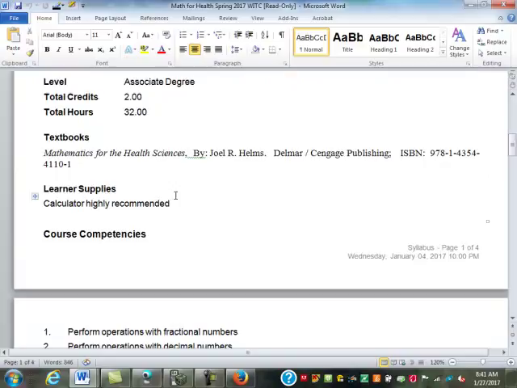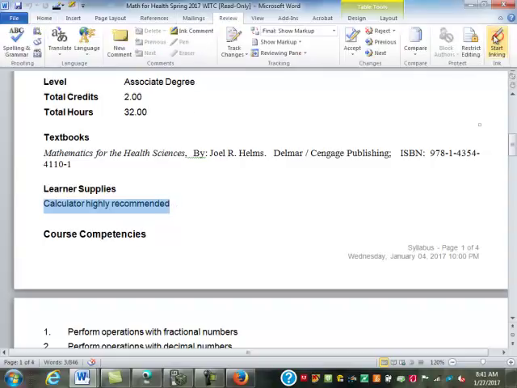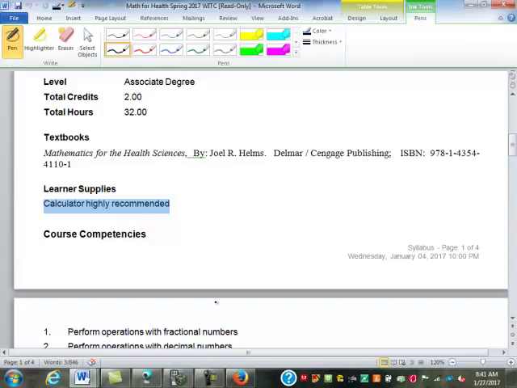Other things that are recommended, a calculator is highly recommended. Not required. I allow you to use your cell phones, but I know most of the programs will not allow you to use your cell phones as a calculator on tests. If you don't have a calculator and you're looking to buy one, the one that I usually recommend to people is a Texas Instruments.